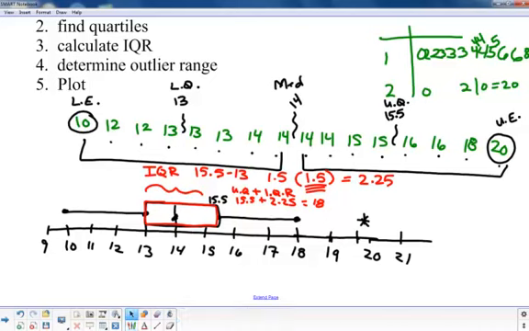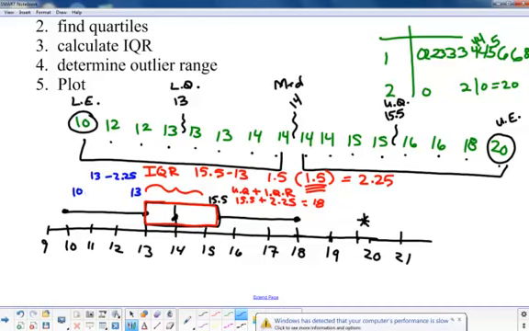If I go to my lower good data, the lower quartile is at 13. So 13 minus 2.25 is 10.75. Let's see. So again, I do have an outlier down here.